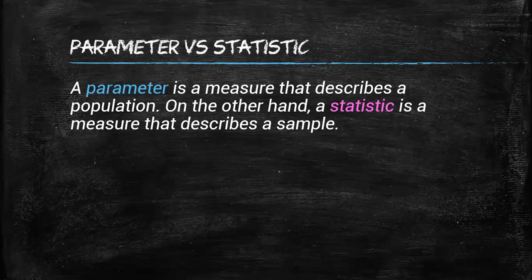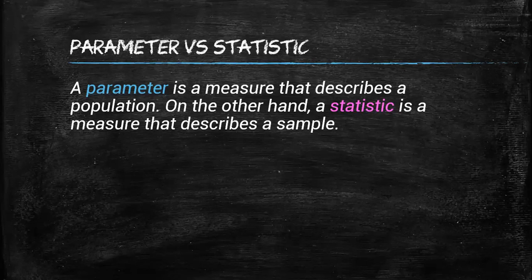Okay? So, in processing the data that we have got or that we have recorded from the population and the things that we have recorded from the sample, if we are going to analyze them, it is different. We have different ways in analyzing the data.